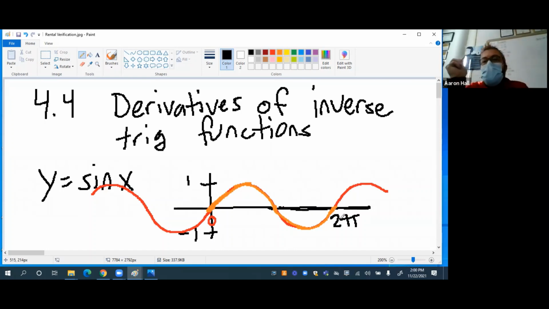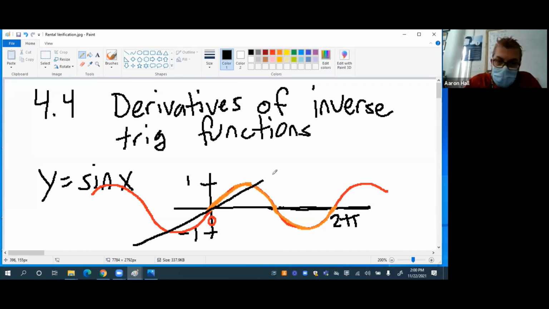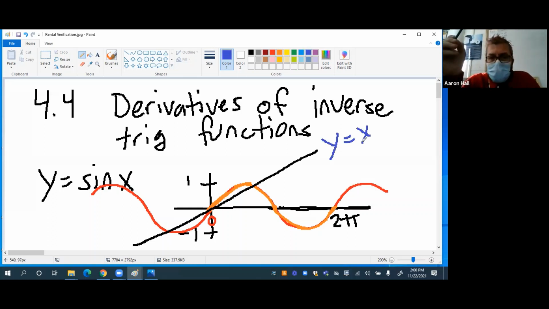The inverse is a reflection across y equals x. With an inverse, the x's become the y's and the y's become the x's. So I'm going to draw a line here. This is my y equals x, and then I'm just going to reflect everything across that.